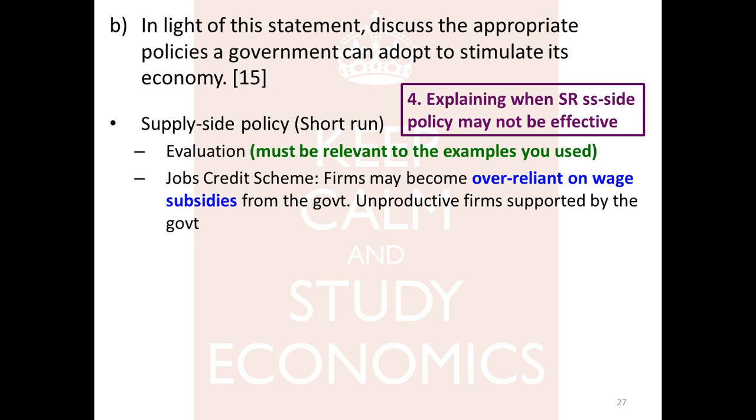Okay, so the key thing about jobs credit scheme is that it would cause firms to be over reliant on wage subsidies by the government, which means even though some firms may be unproductive, they can continue to operate because of these wage subsidies. Okay, that makes your economy inefficient, and that's not something that we want.